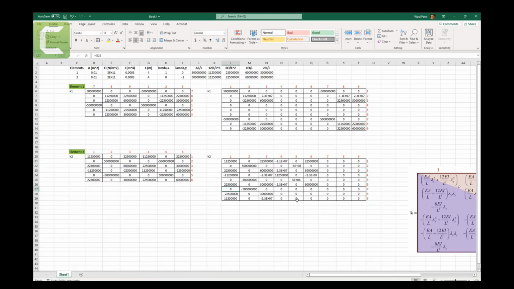And here C1 is 0, and we scroll it down. So you can see all 6 by 6, 9 by 9 is there. And if you want capital K, that would be your small k1 plus small k2. You will get it just by doing this. Very simple.